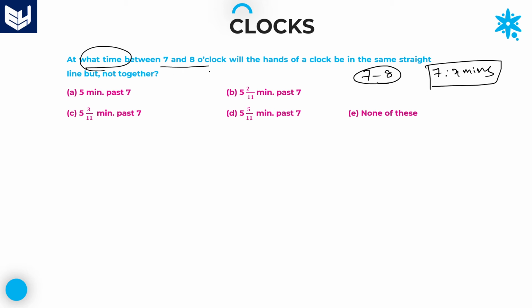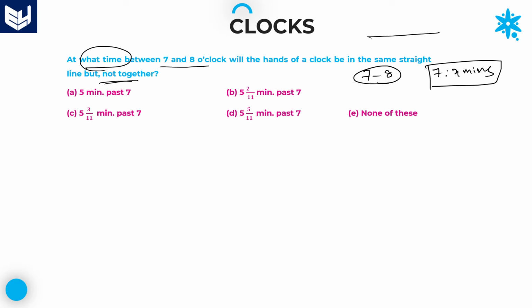At what time between 7 and 8 o'clock will the hands of a clock be in the same straight line, but not together? Same straight line means there is a chance of two angles. One is both coincide or are together, or else both are in opposite directions.